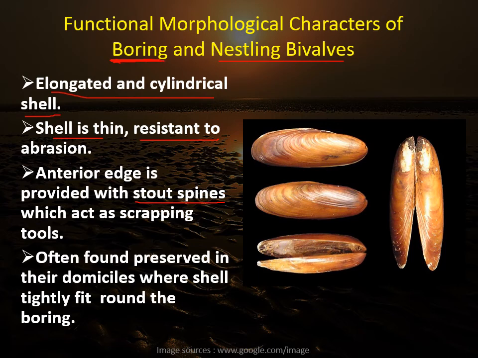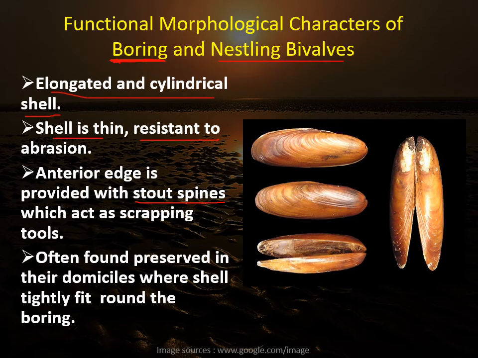The burrowing groups dig their burrow within soft, unconsolidated sediment, whereas the borer groups make their passage within the hard rock. Now, how do they bore? They create some kind of acid from their anterior margin, and there are also some kinds of spines, some kinds of tools, in the anterior margin.